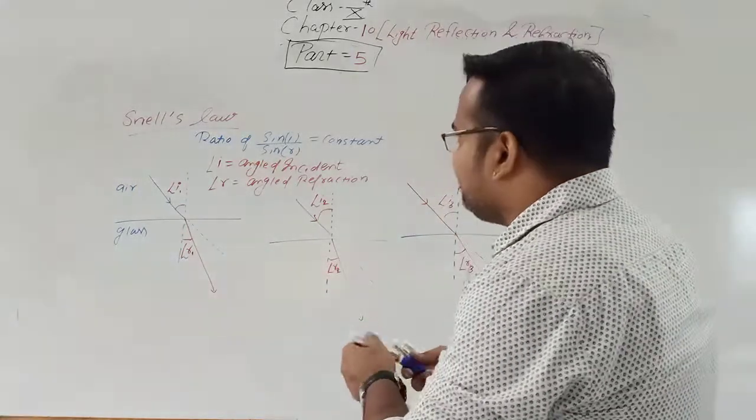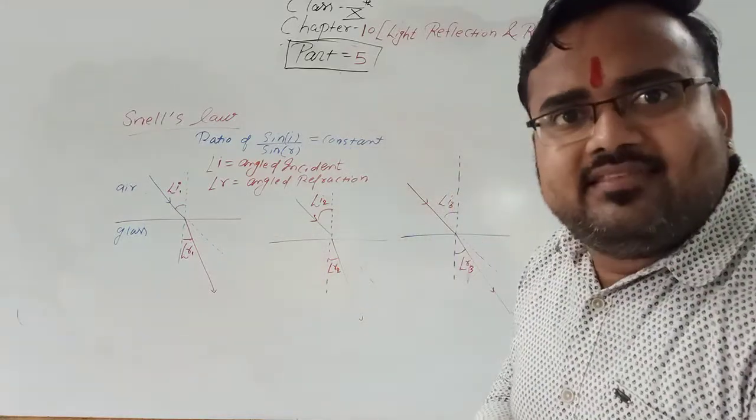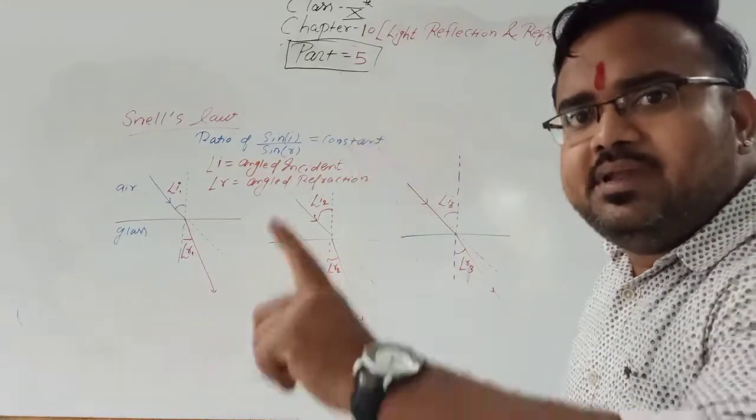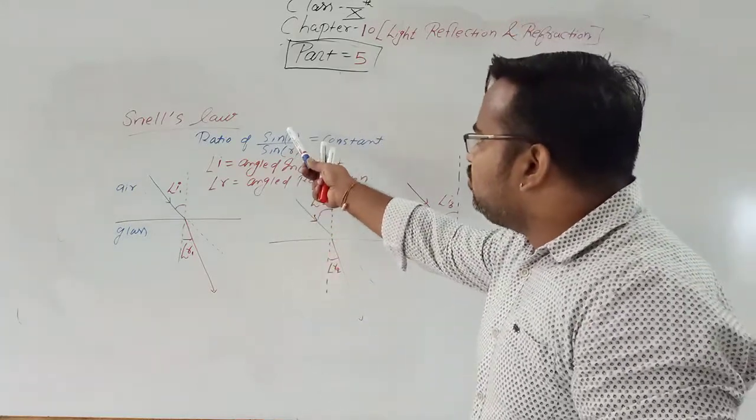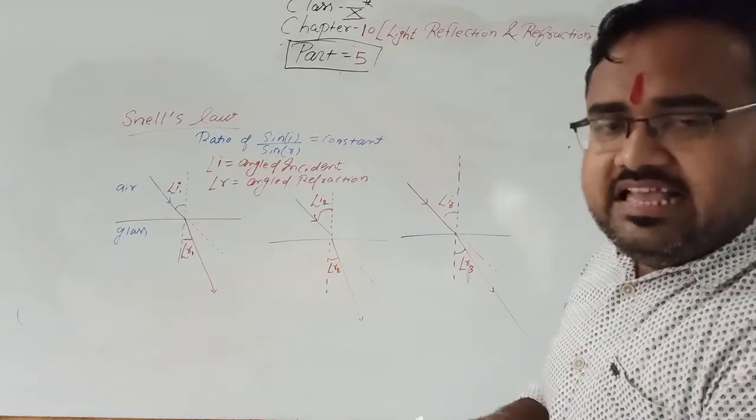Clear? So Snell's law says that as long as the medium remains the same, the ratio of sin I upon sin R is equal to a constant.